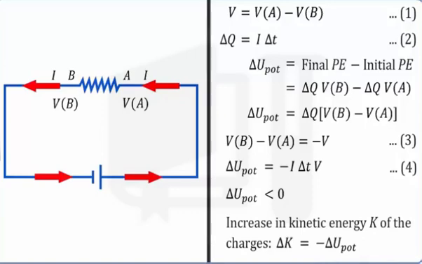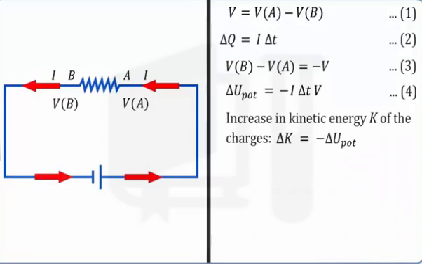From equation 4, delta K = −(−I delta t V). This implies that delta K = I delta t V. Let this be equation 5. Since the value of delta K is positive, it is greater than 0.